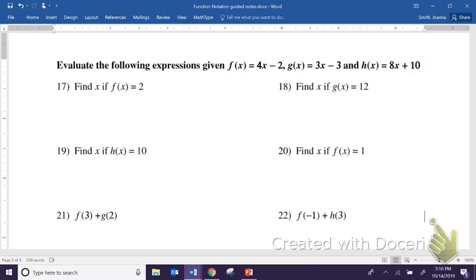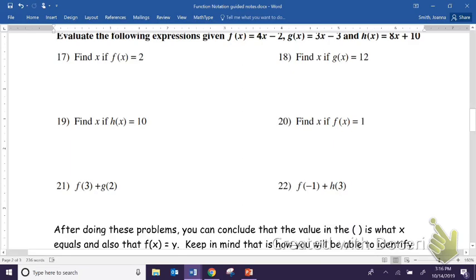All you have to do is understand what each one is asking you to find. So you need to actually read the question for understanding. Find x if f of x is equal to 2. So we're going to look at this equation right here, and are we given our input value? No, we are given our total. So our output value, which is 2, that's also my total.